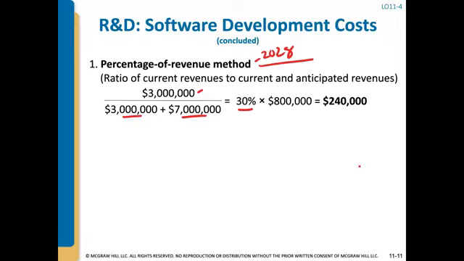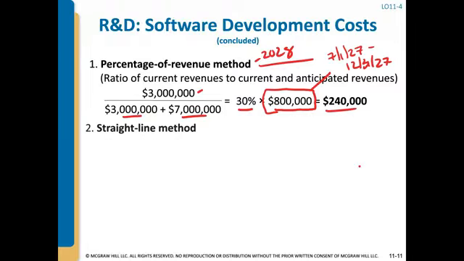That gives us a 30% percentage of revenue, and we multiply that by the capitalized cost. These are the costs that we incurred between 7/1/27 and 12/31, after technological feasibility and before the product was available for sale, and we get $240,000.